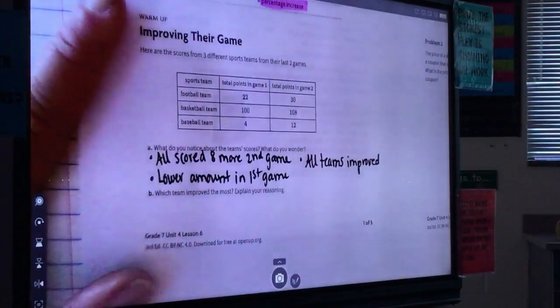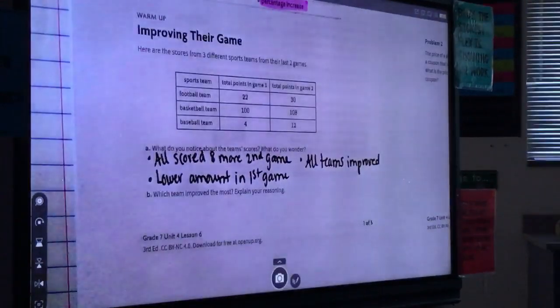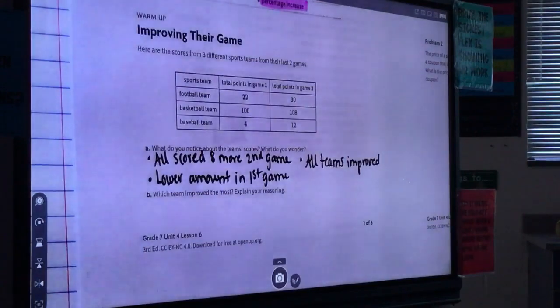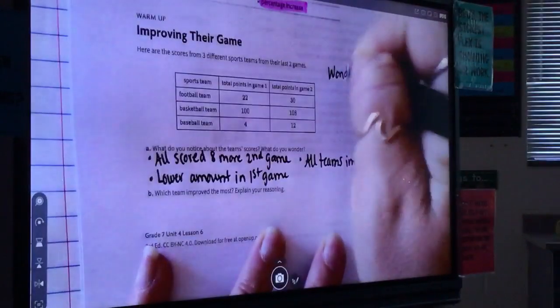So remember, this lesson is on increasing percents and decreasing percents. Did anybody do anything with percents? River? I read the question and I did what we wonder. The second one I put, I wonder what percent they increased per team, because all the numbers are different, so all the percents they increased had to be different.